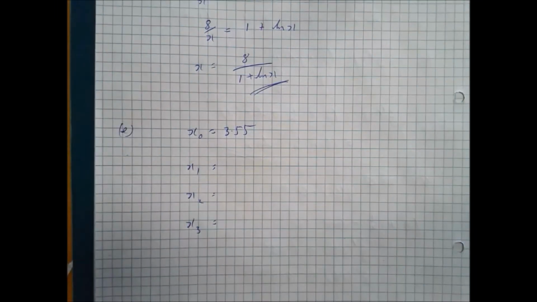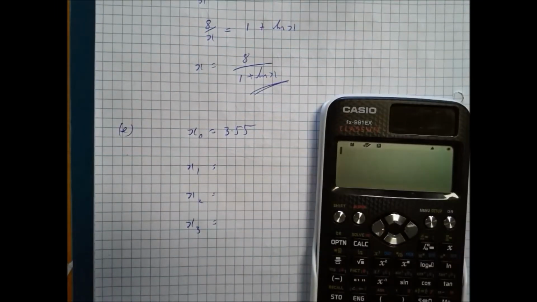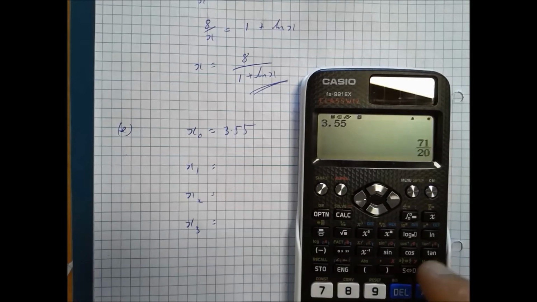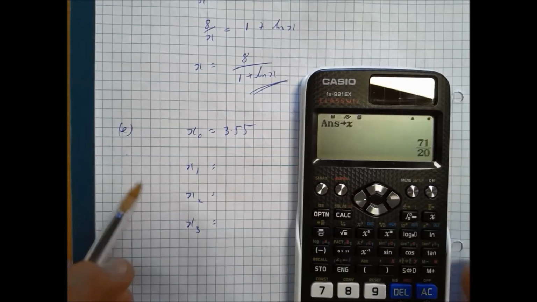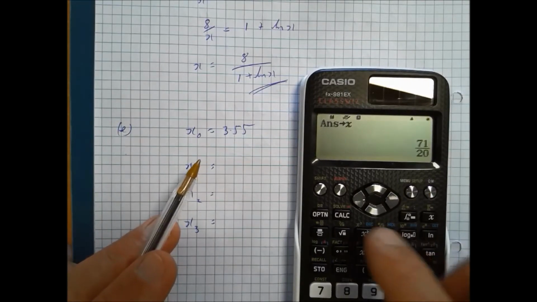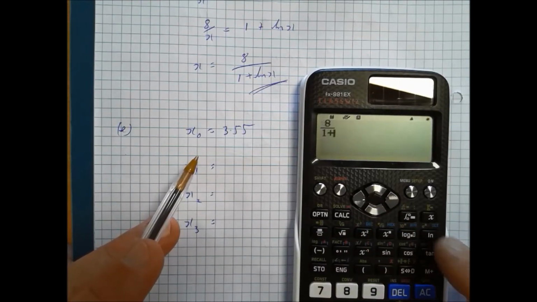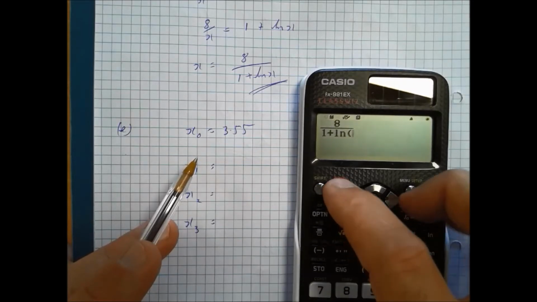So into the calculator for this one. First thing I'm going to do is define x, 3.55, store x. And next I'm going to put in that formula. So 8 over 1 plus ln x.